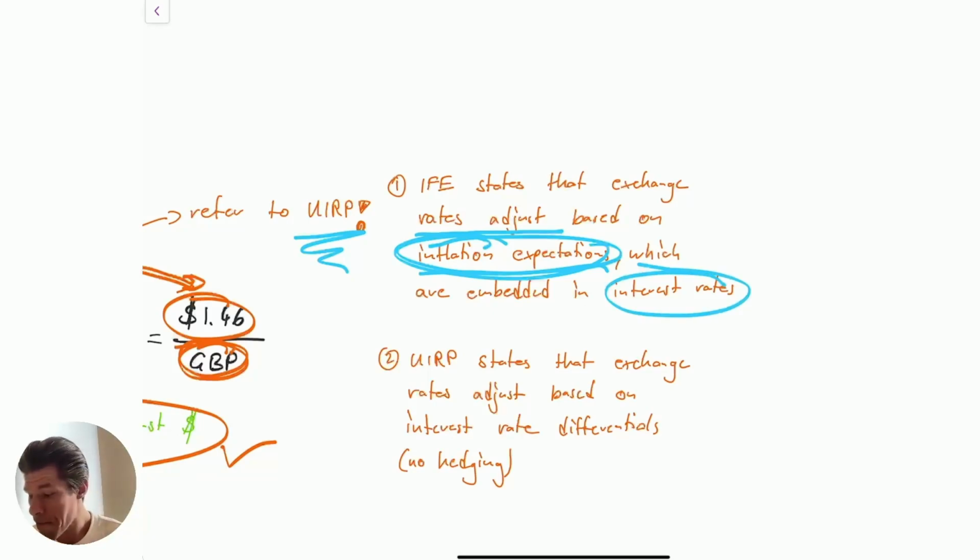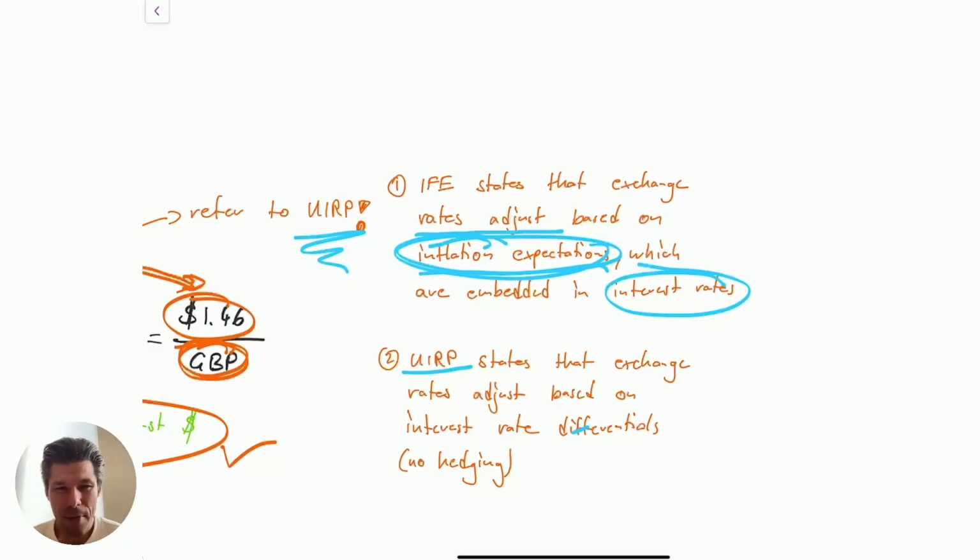And uncovered interest rate parity states that exchange rates adjust based on interest rate differentials, which is basically the same. It's a slightly different interpretation, whether you look at the exchange rate and look at interest rate differentials, or whether you look at interest rate differentials first and adjust your exchange rate.